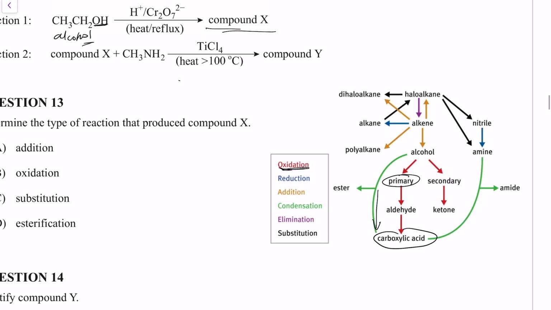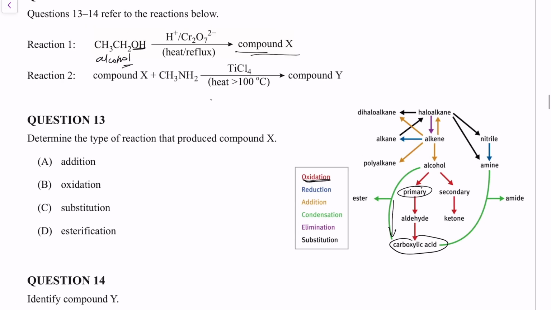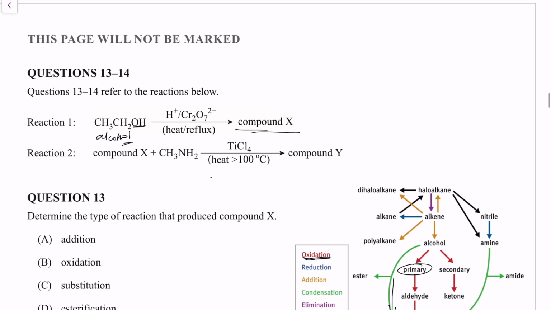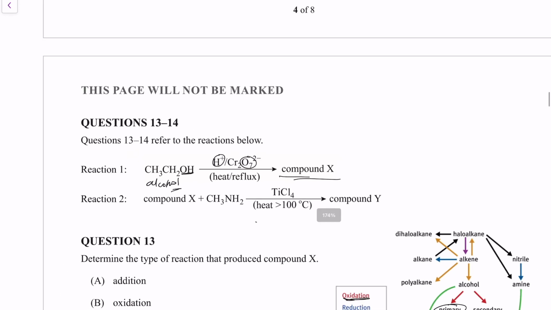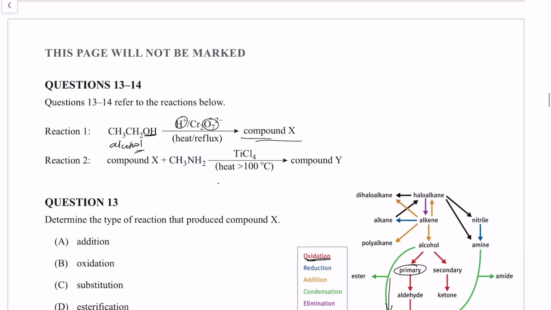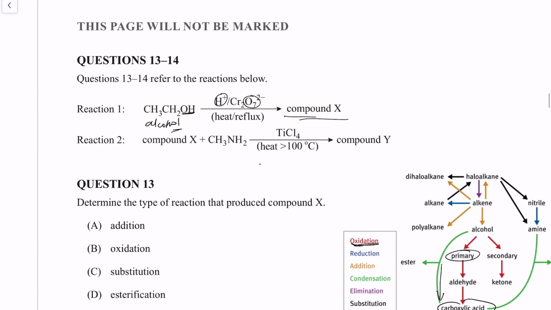And we know that that follows the oxidation reaction pathway type. Another way to know that is that there's an exchange of H plus and oxygen, which changes the oxidation number, so therefore it is oxidation.